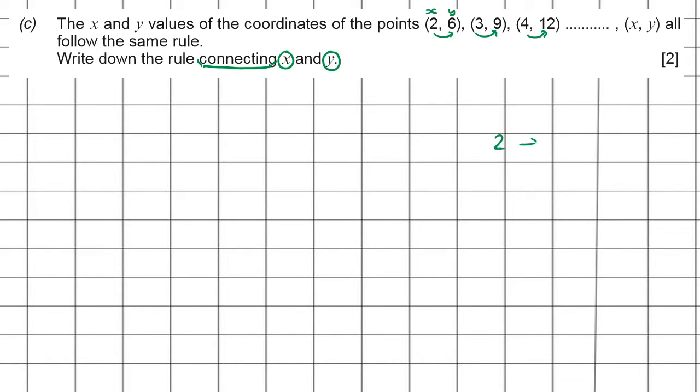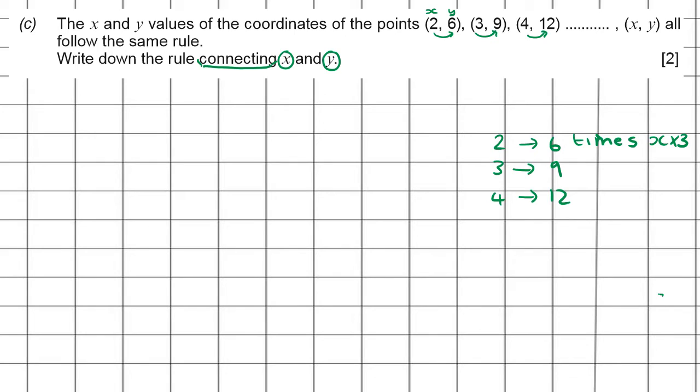So 2 to 6, 3 to 9, 4 to 12. As we can see from there, it's times x by 3. Yes, because 2 times 3 is 6, 3 times 3 is 9, 4 times 3 is 12.